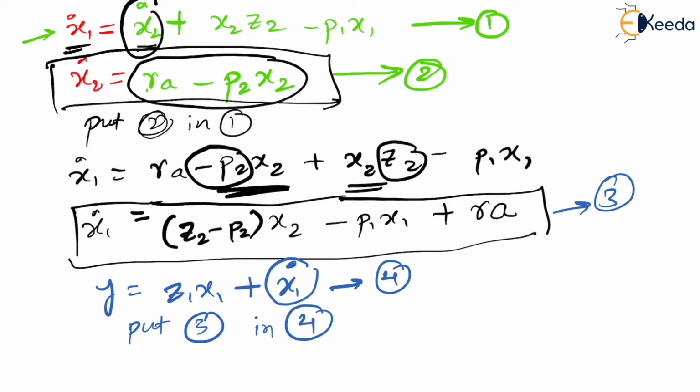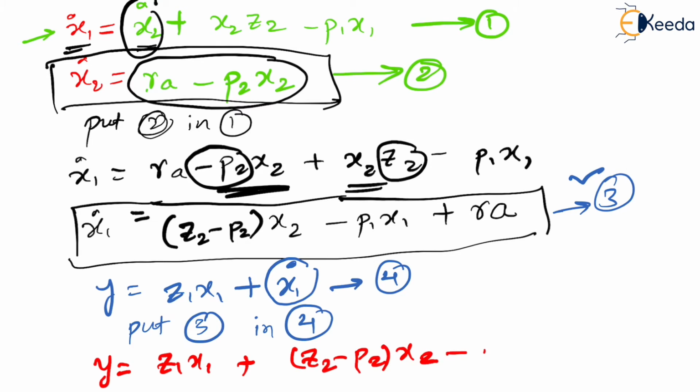In order to eliminate that, let me put equation 3, which is the x1 dot equation, in 4. So I will get y equal to z1 x1 plus x1 dot, where x1 dot is Z2 minus P2 into x2 minus P1 into x1 plus RA. This is equation 5.